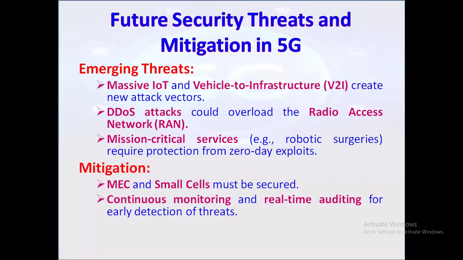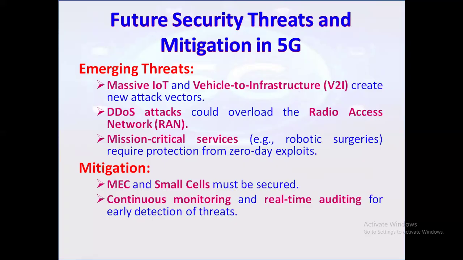Next, future security threats and mitigation in 5G. Looking ahead, future security threats in 5G will include new attack vectors created by the proliferation of IoT devices and vehicle to infrastructure, V2I, communication. The massive scale of connected devices increases the risk of distributed denial of service, that is DDoS, attacks on the radio access network, RAN, which could potentially overload the network.